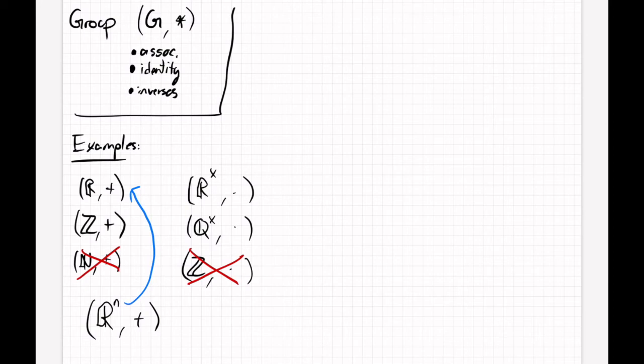And so, now that we've talked about these examples, maybe I want to make one more definition. Something you've noticed about all of the examples that we've talked about so far is that they are indeed commutative. It turns out there are some very interesting groups that are not commutative, and that's one of the things that we're going to start to study next.